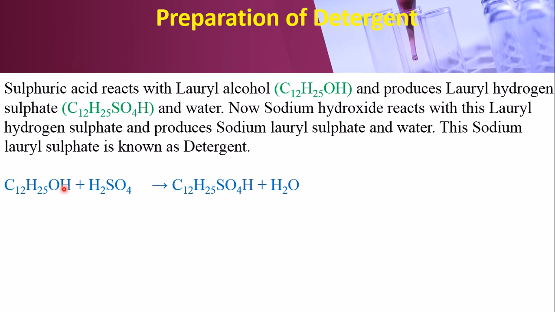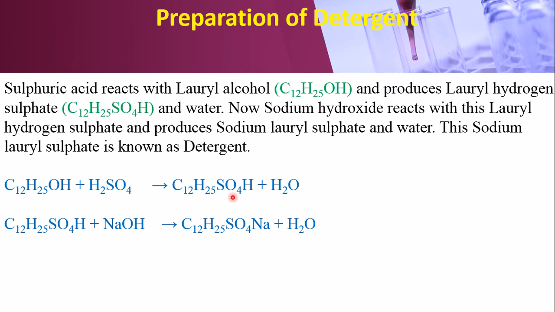So when this hydroxyl and one hydrogen of sulfuric acid make water, then the residue portion will be C12H25HSO4. But here we will not write H in the middle, so we will write C12H25SO4H. This is lauryl hydrogen sulfate.